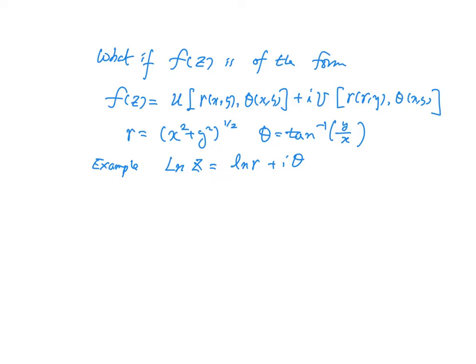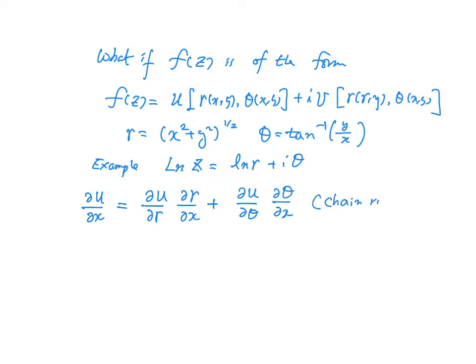If you remember your first freshman calculus, then partial u partial x is, in this case, partial u partial r times partial r partial x, plus partial u partial theta times partial theta partial x.